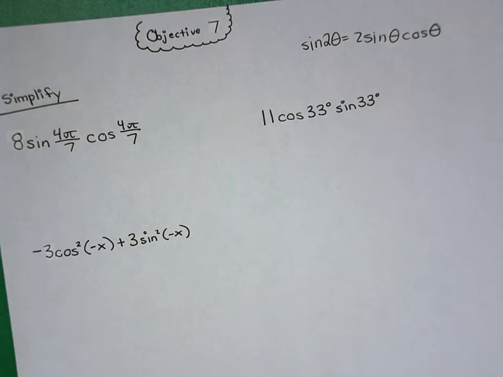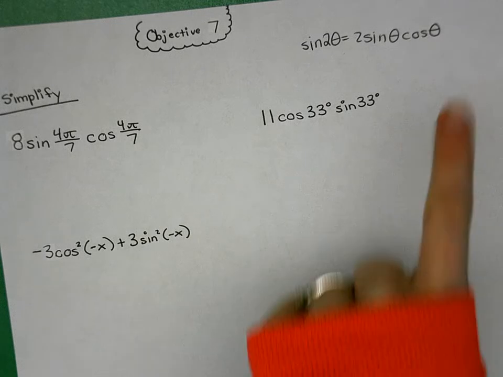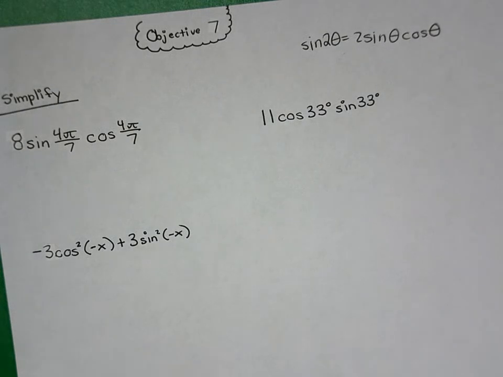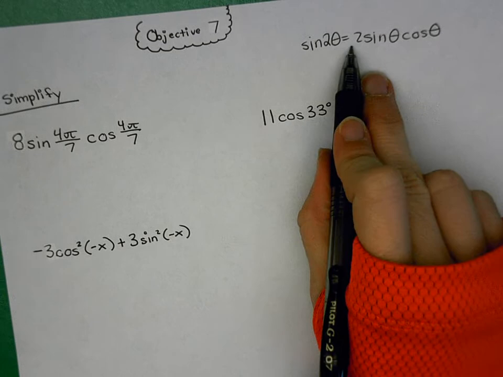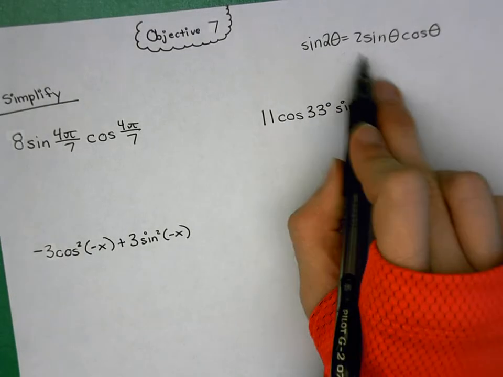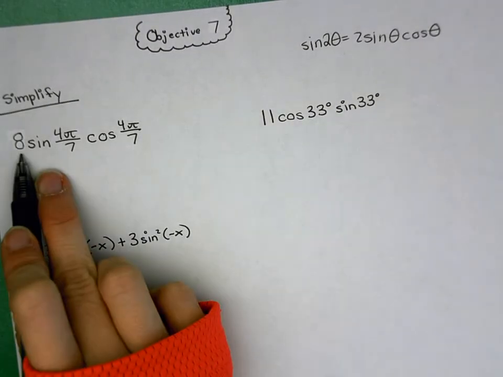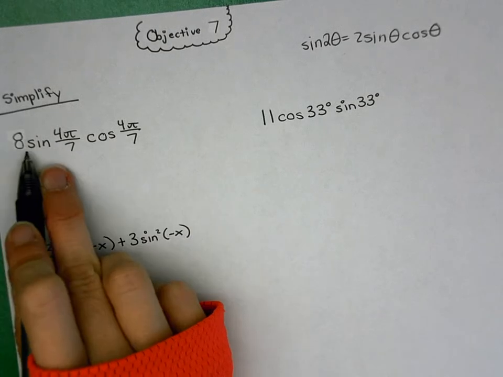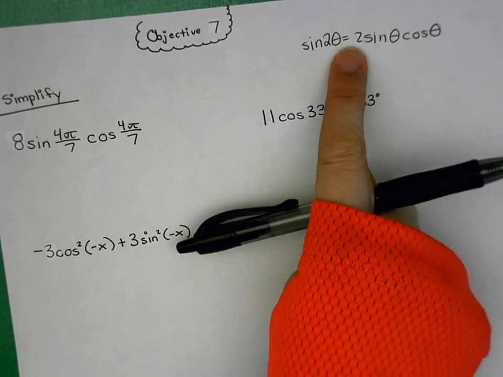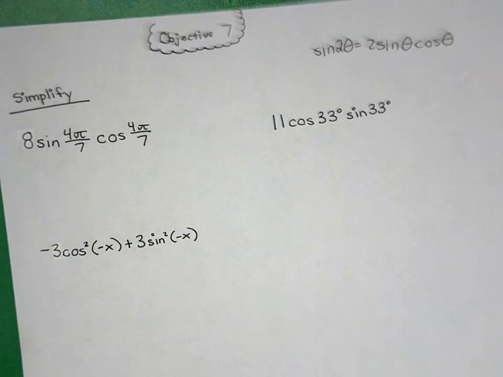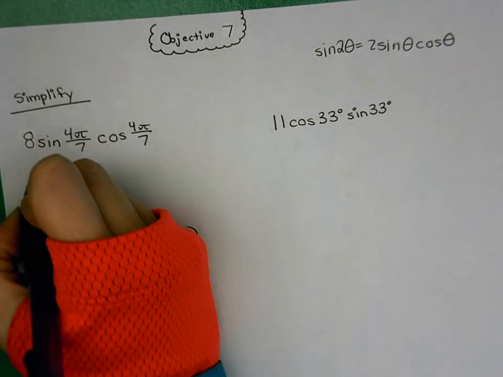We're going obviously the reverse direction, and so in order to apply our rule here, we do need to first see this 2 sine theta cosine theta. This currently says 8 sine theta cosine theta. So how could I rewrite this 8 so it's 2 sine theta cosine theta? I could rewrite this 8 as 4 times 2.